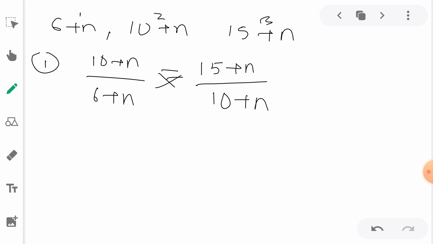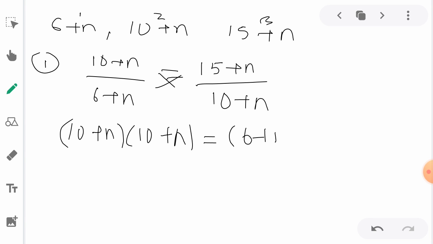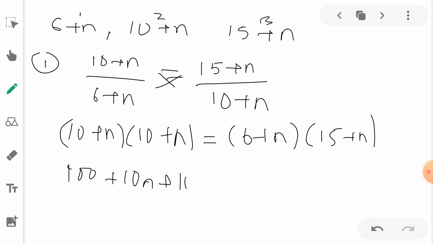So it's 10 plus n multiplied by 10 plus n, which is equal to 6 plus n multiplied by 15 plus n. So 10 times 10 is 100. 10 times n is 10n. Another 10 times n is 10n.